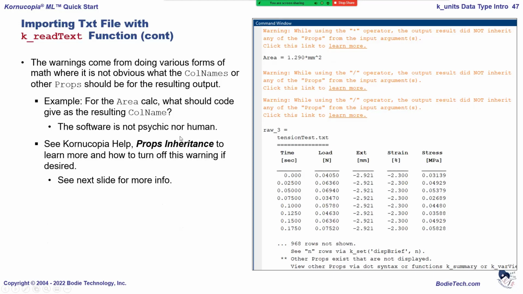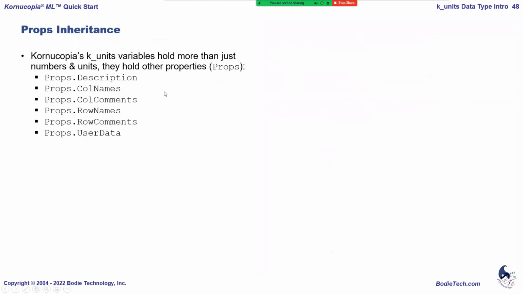In the help system, there's something about property inheritance that will describe a lot about this. If this happens to you, I will show you why it occurs and also how to turn the warning off if that becomes annoying to you. In fact, I'll just quickly describe this here.